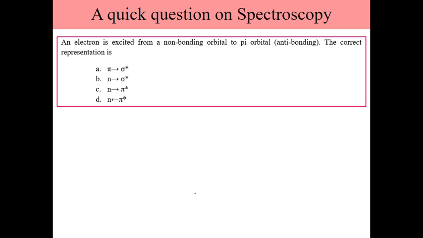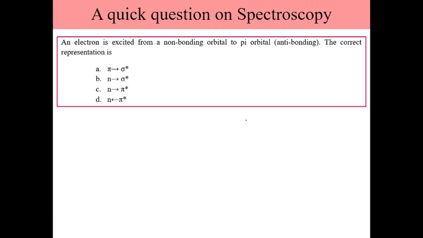They have asked, if an electron is transitioning from a non-bonding orbital to a pi orbital, okay? Non-bonding is represented by N, and the pi orbital is represented by the symbol pi. And then they have mentioned bonding and anti-bonding as well. So which one of these do you think would be the right representation?